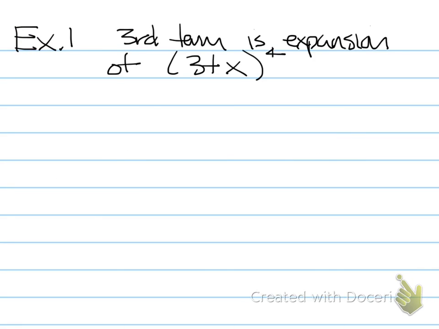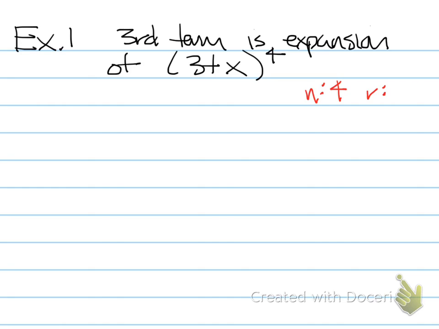In this example, we want to find the third term in the expansion of this binomial. So n is 4. R is not 3. If you look back at the previous slide, you'll see that we start off with r equals 0. So the third term would actually be r equals 2.